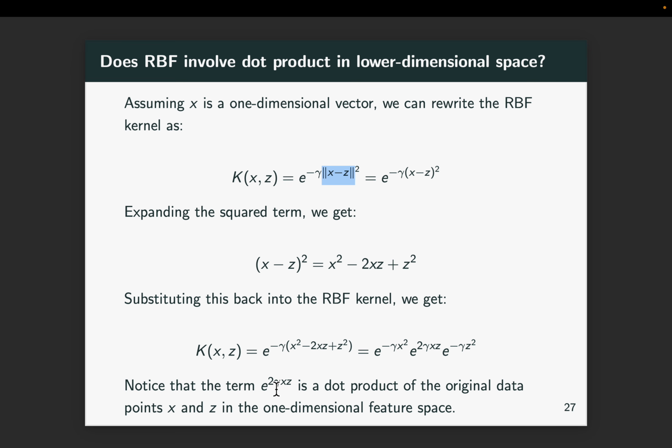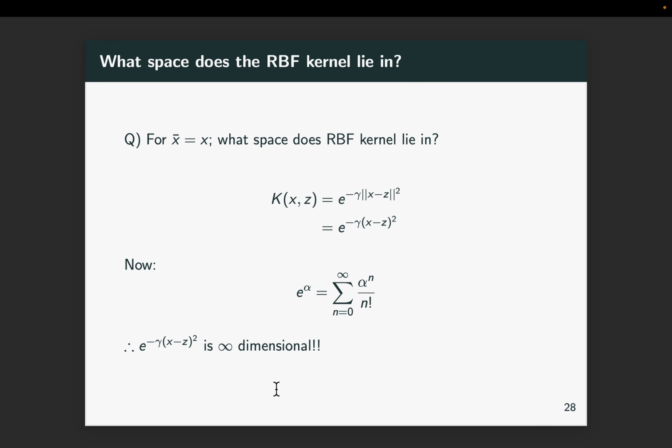So can we think of the kernel function e to the power minus gamma (x minus z) whole squared, for just the univariate case, and try to expand it out? Can you see that it is an infinite dimensional projection? You can have it in terms of various orders, and that goes till infinity. And that is the interesting aspect.